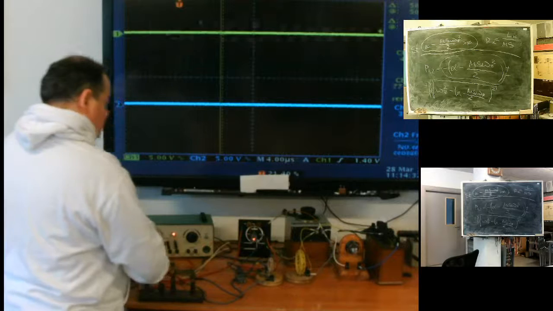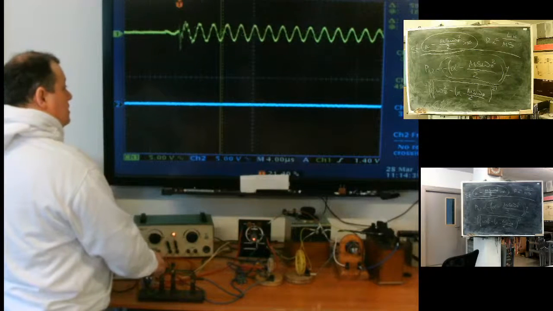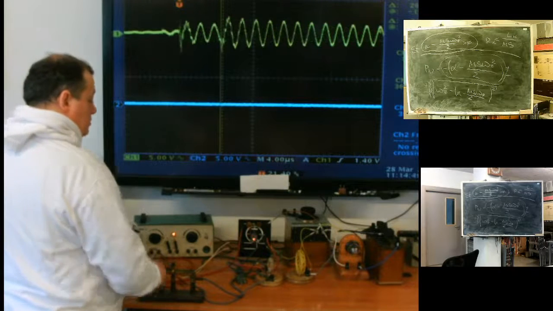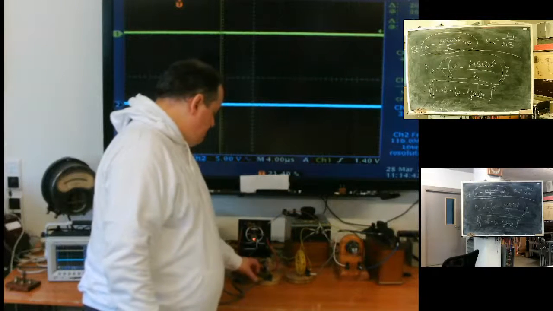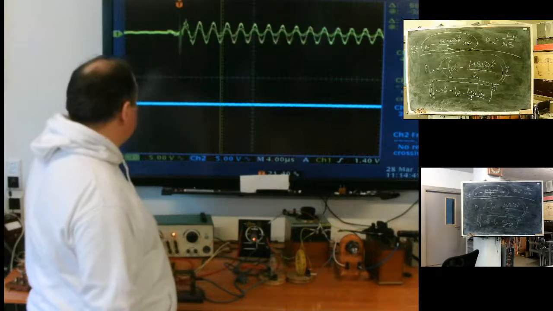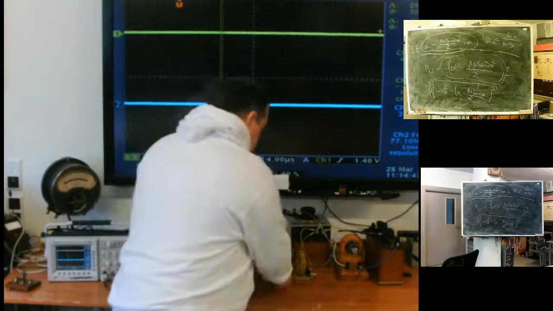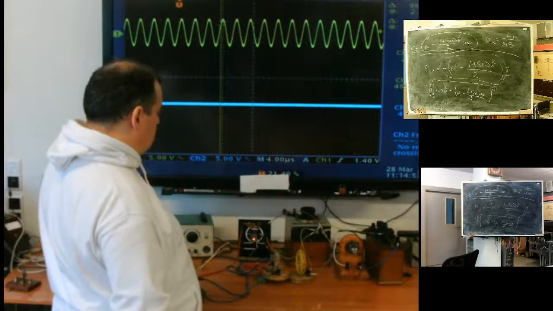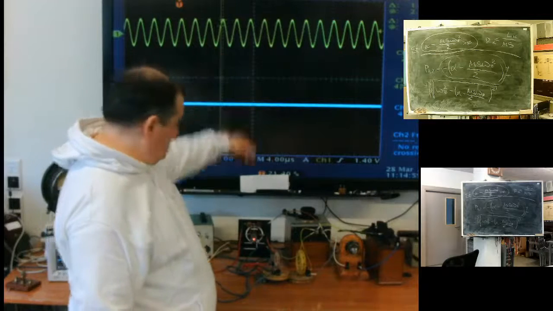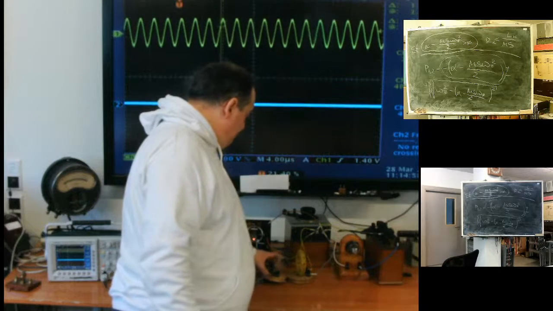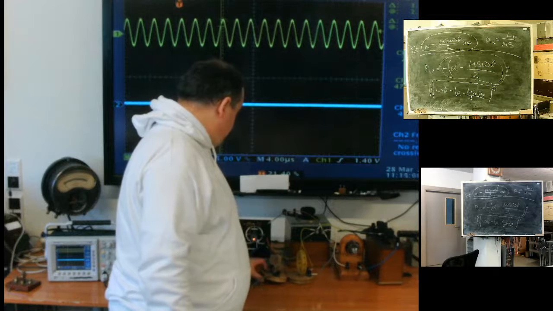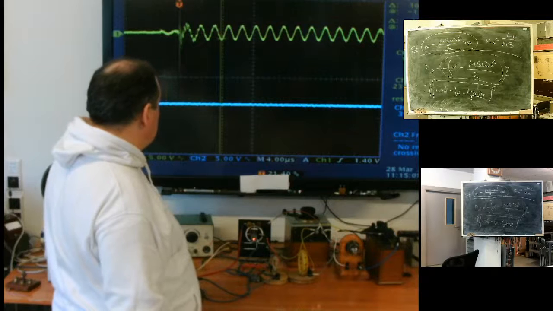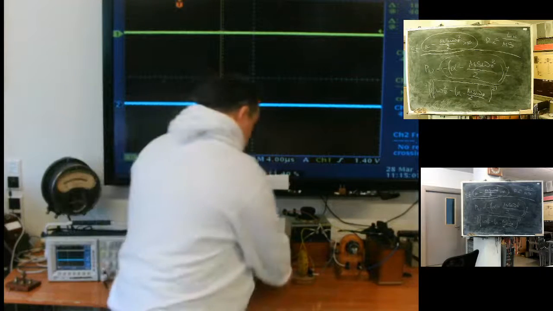So at a small coupling, the system remains stable. Still stable. Yes, it now generates. Stable.